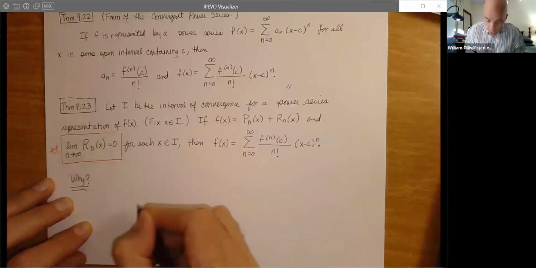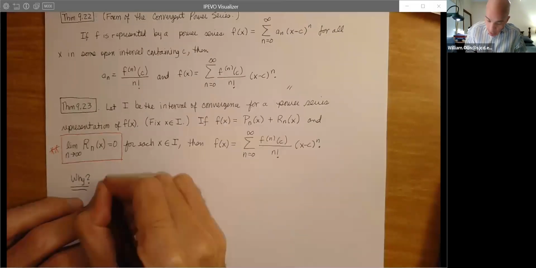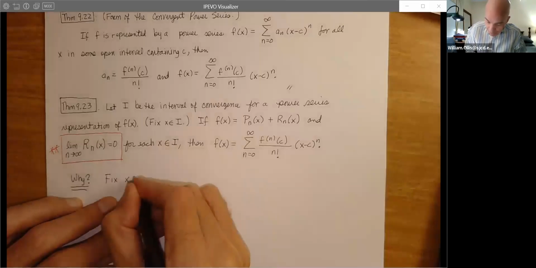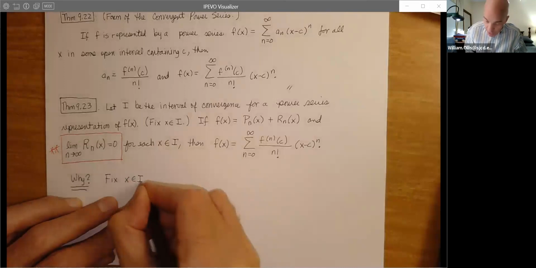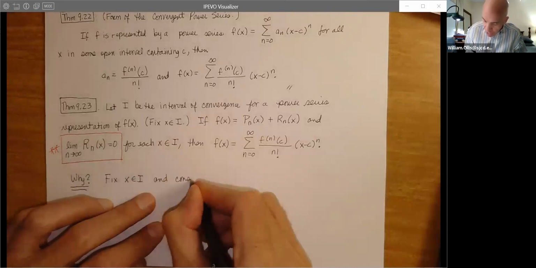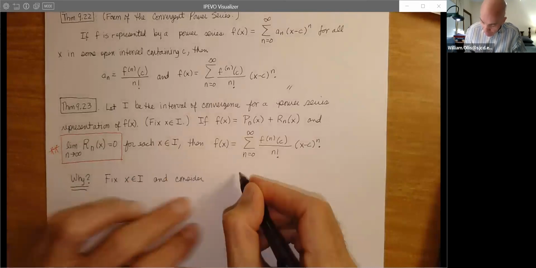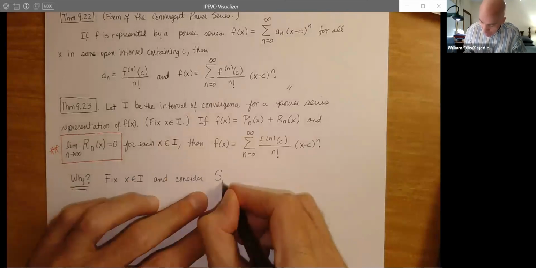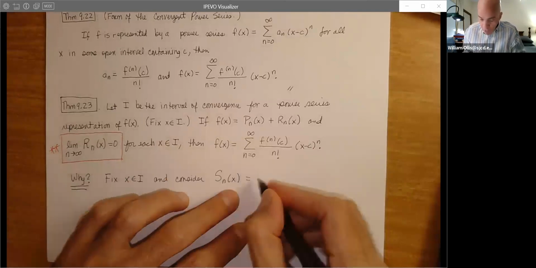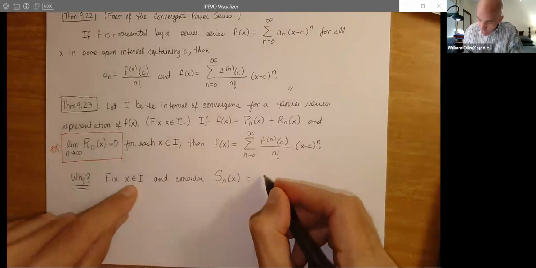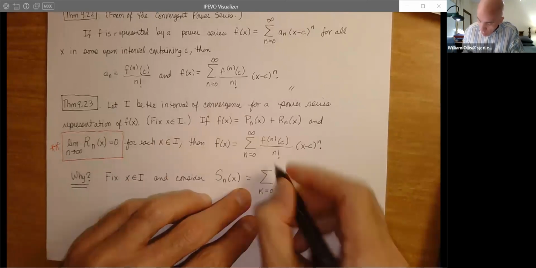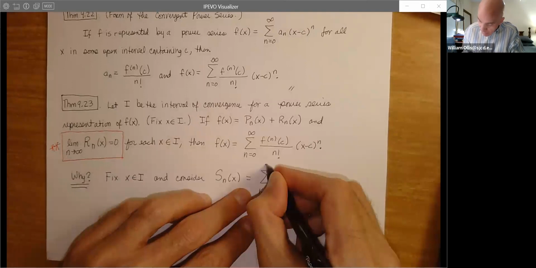So what we're going to do, like I said here, is fix x in I and consider, we're just going to write a partial sum based on these coefficients. So we take this and we write a partial sum, k equals 0 to n, not infinity.